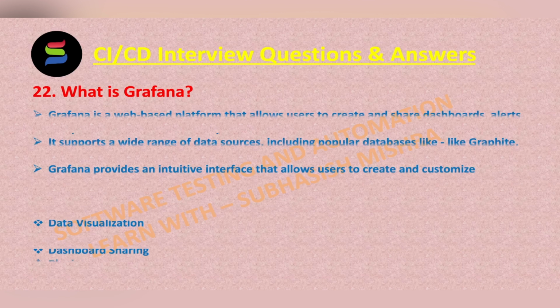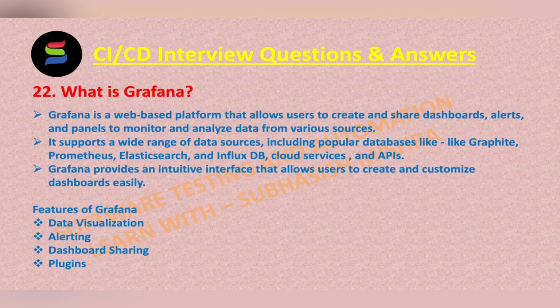What is Grafana? Grafana is a web-based platform that allows users to create and share dashboards, alerts and panels to monitor and analyze data from various sources. It supports a wide range of data sources including popular databases like Graphite, Prometheus, Elasticsearch, InfluxDB, cloud services and APIs.